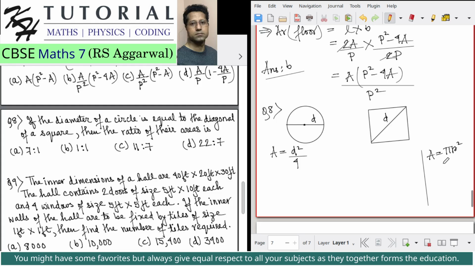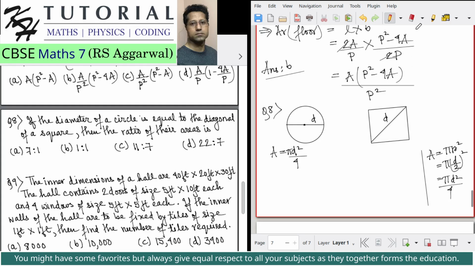And what is r? R is nothing but d by 2. The radius of a circle is equal to diameter by 2. So this becomes pi d square by 4. So the area of the circle is pi d square by 4, where d is the diameter of the circle.